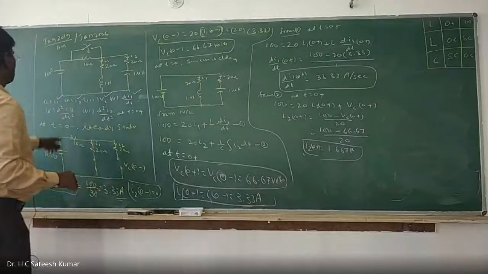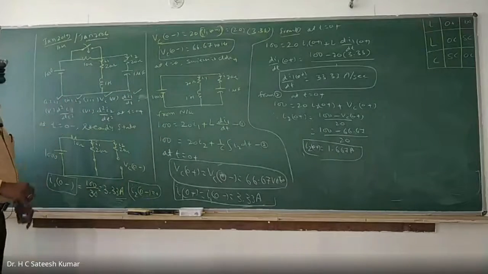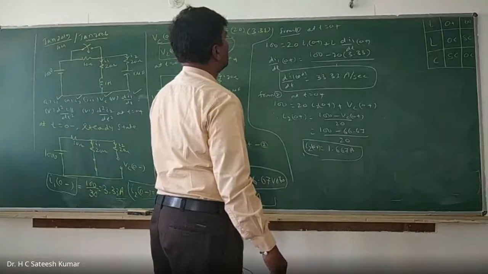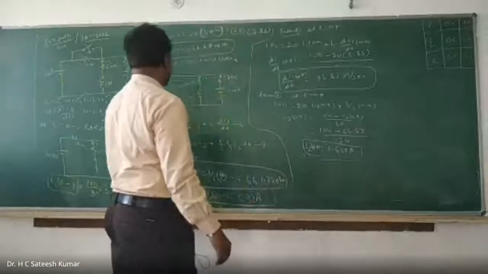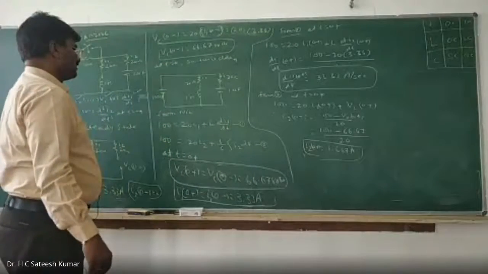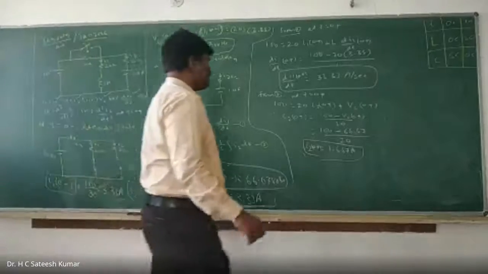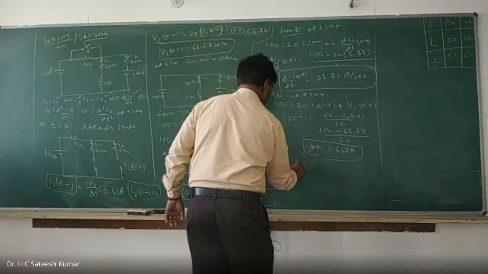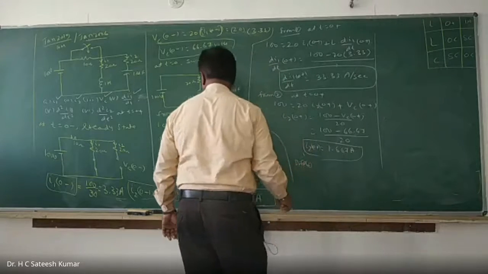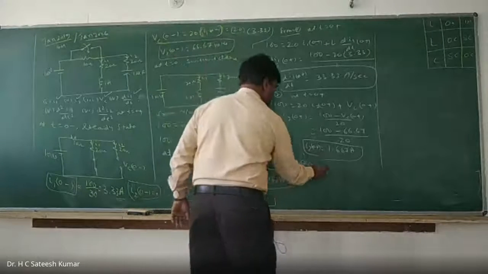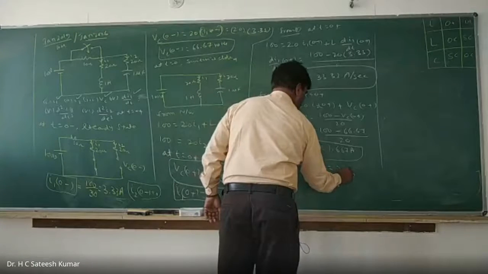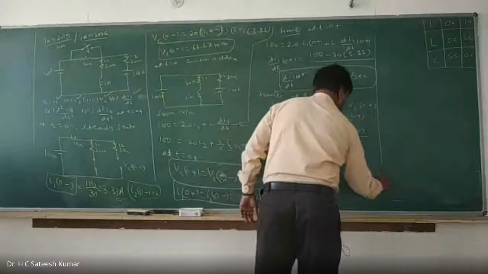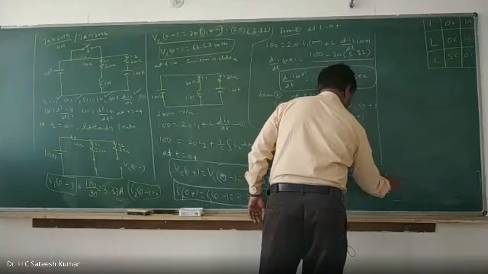Next we have to find d squared I1 by dt square and d squared I2 by dt square. Now it's very simple, just differentiate one of them. Differentiating the second equation, 0 is equal to 20 into di2/dt plus 1 by c into I2.